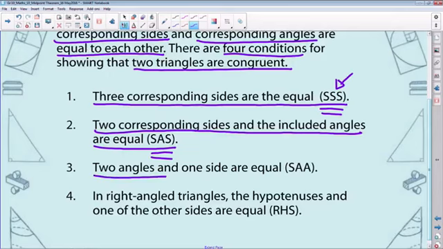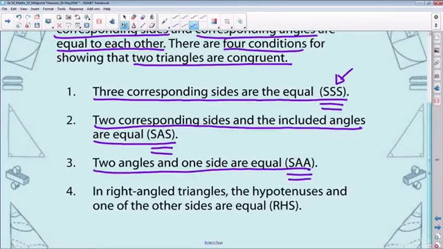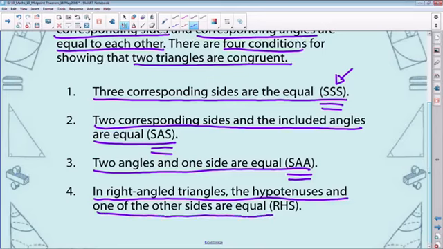And lastly, 2 angles and 1 side are equal. That's side, angle, angle. But then our special case is when we have a right angle triangle, we can have the hypotenuses and one of the other sides equal. So in other words, because we know that it has a right angle, we don't need to prove that it has a right angle. We just need to prove that one of the sides and the hypotenuse are equal.